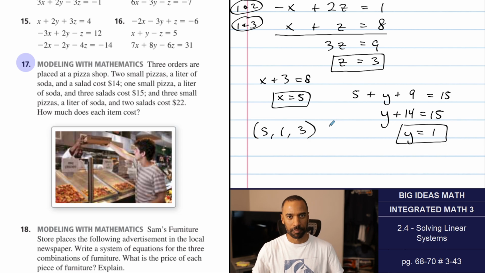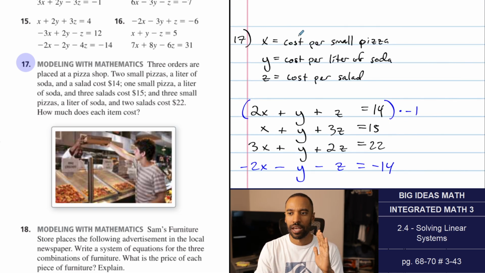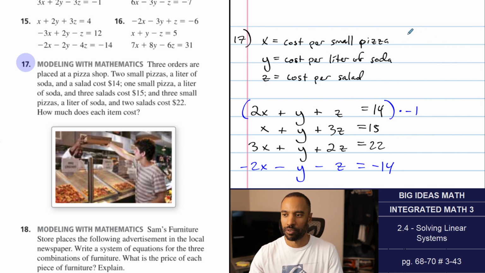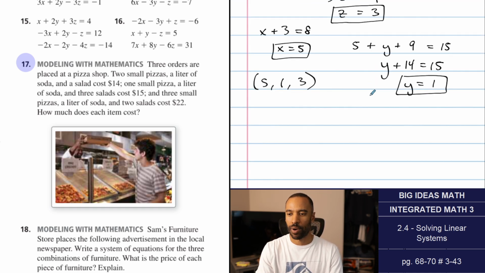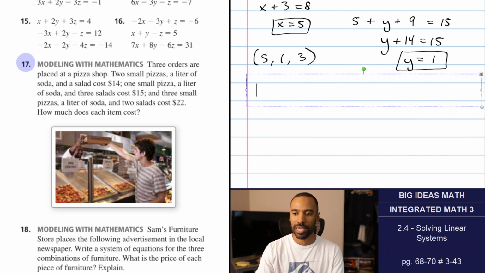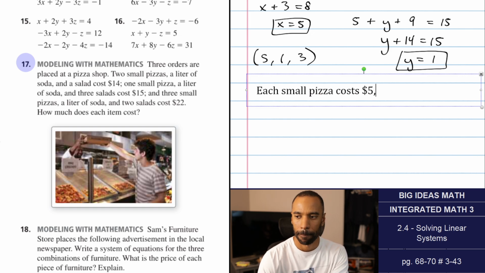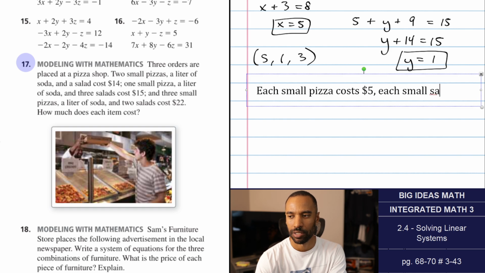However, it's a word problem. And I defined these variables x, y, and z very specifically. Cost per small pizza, cost per liter of soda, cost per salad. These are all in dollars. Now, I'm not going to double check this. It all looks pretty good. But I'm going to write this out. Each small pizza costs $5.